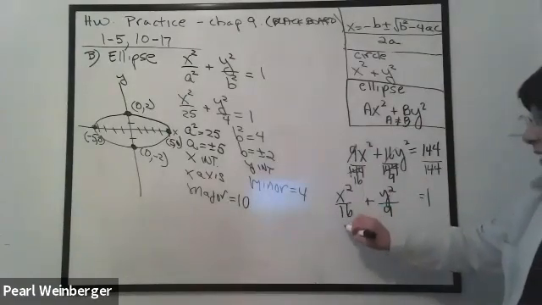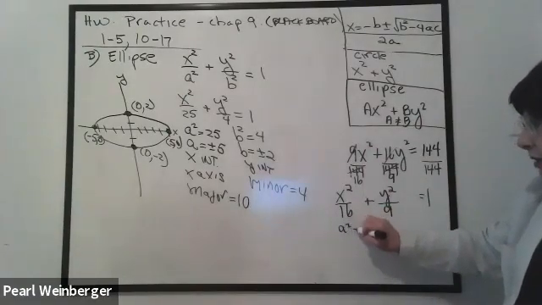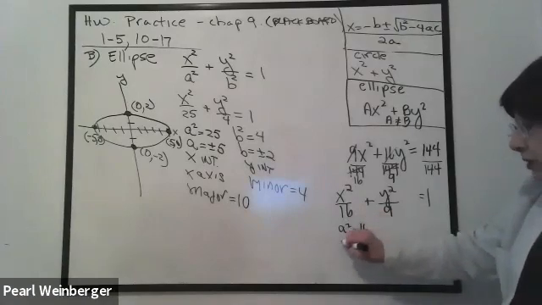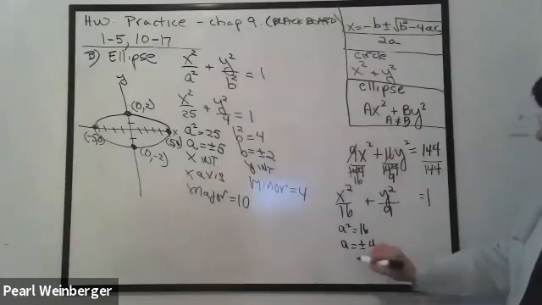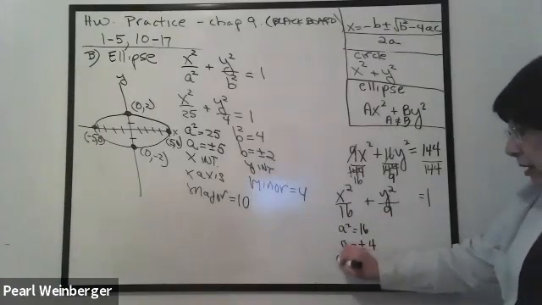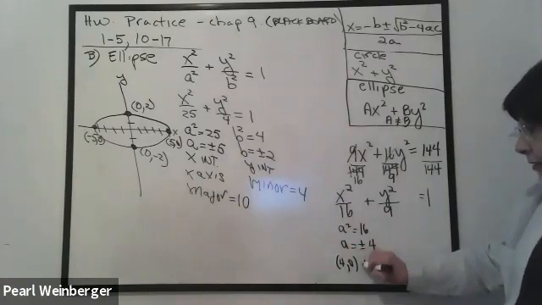Now that'll tell me that my a squared is 16, which means the a has to be plus or minus 4. That means my x-intercepts are (4, 0) and (negative 4, 0).